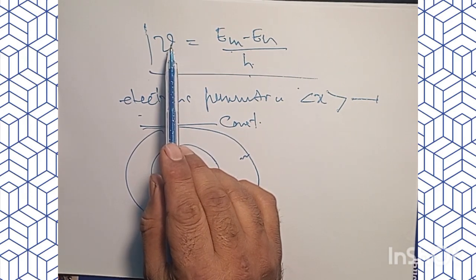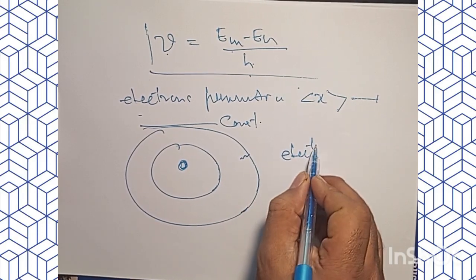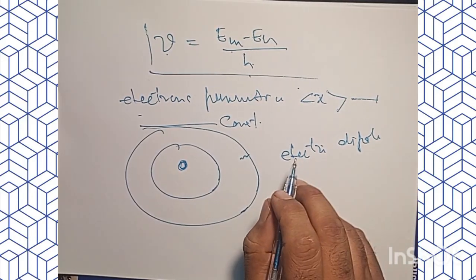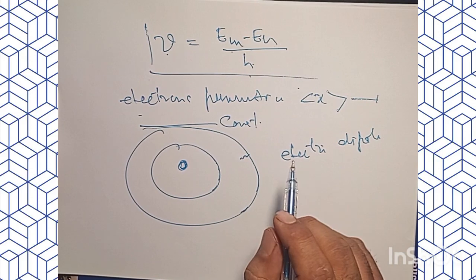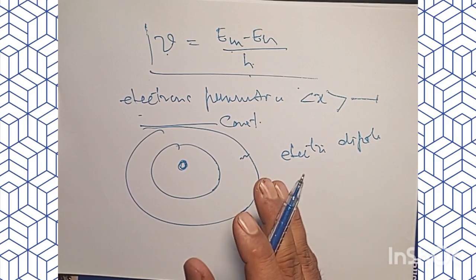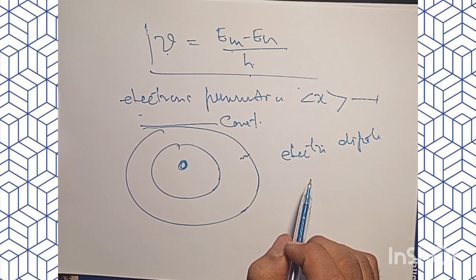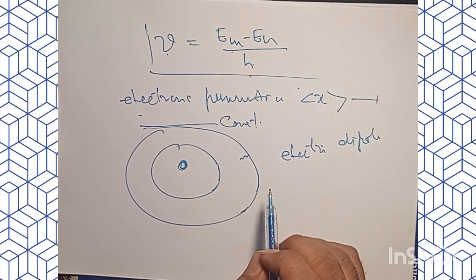It's like an electric dipole that radiates electromagnetic waves of the same frequency, and this result is the same as that postulated by Niels Bohr, and it was experimentally confirmed.